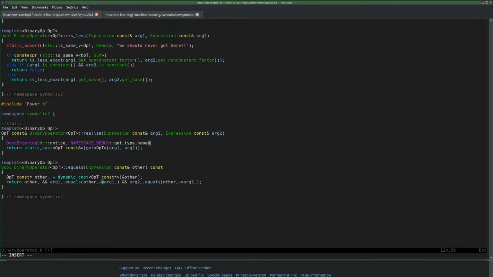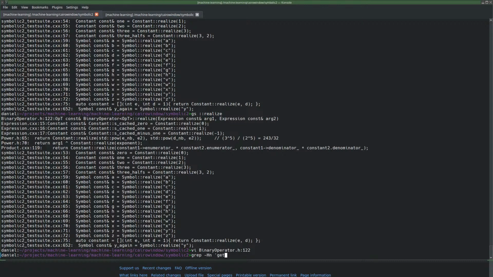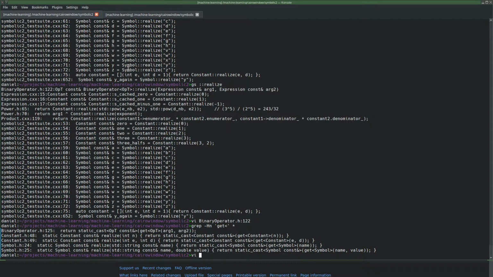Why does it not get a color? Yeah, I realize it's for constants and symbols, but it's not super interesting, I guess.